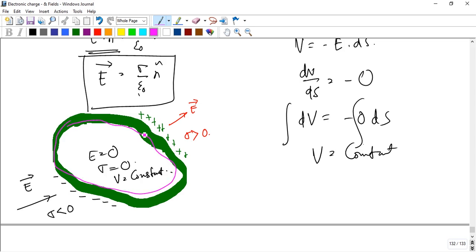Whatever the electric field in the outward direction, the total amount of electric field entering and the amount leaving are the same, so they cancel. The total electric field will be 0. So outside there can be any number, either positive or negative, but the electric field does not influence the inside of the conductor. The cavity is always 0. So the electric field will be 0, and this is called electrostatic shielding.